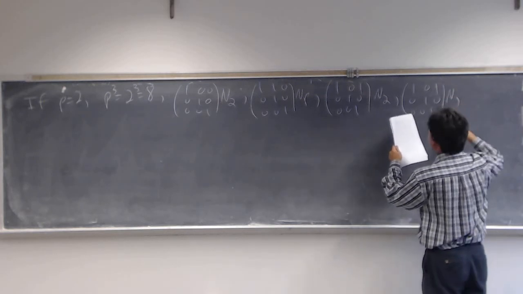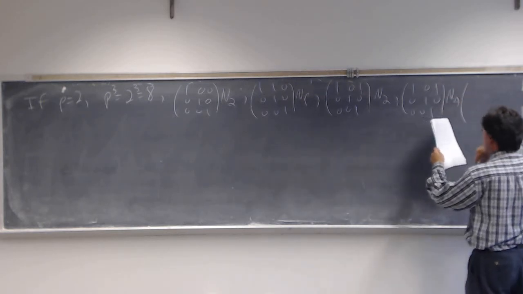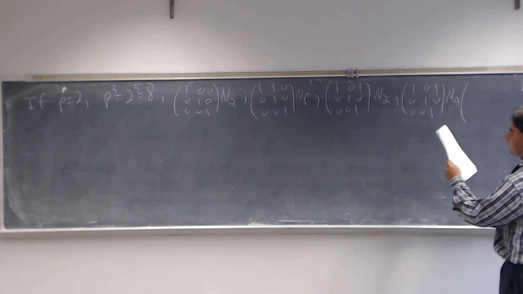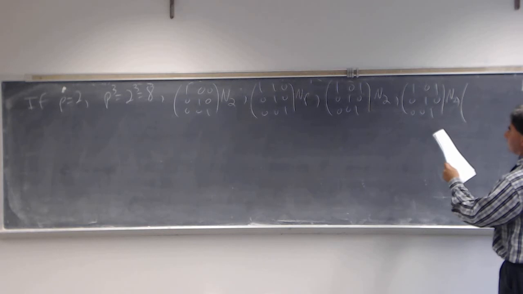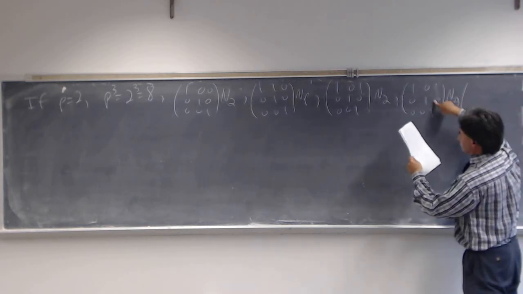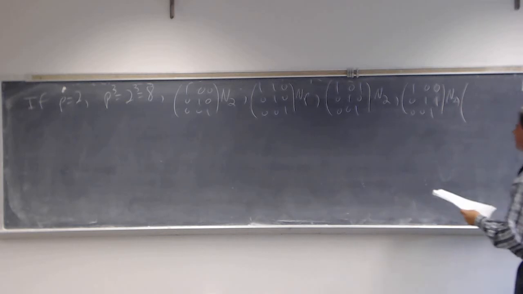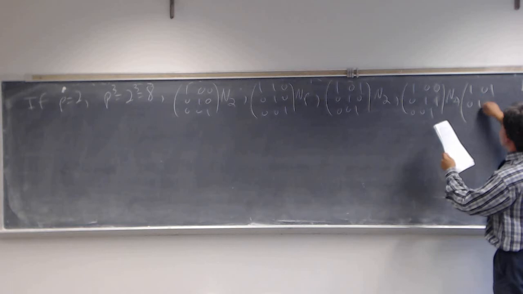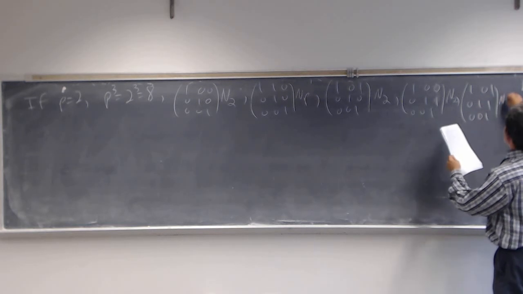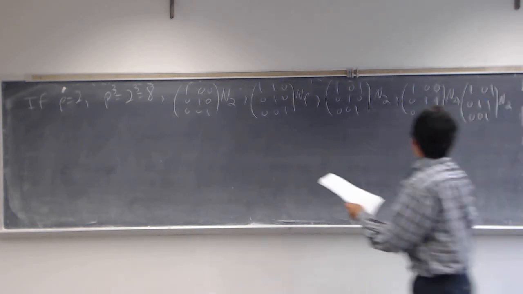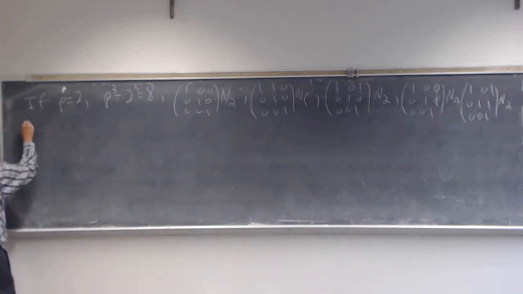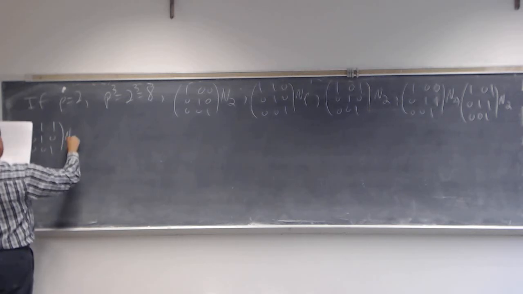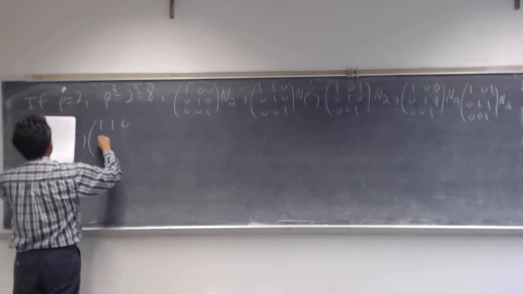Here's a fourth element of the group. How about a fifth element of the group? I got both of these right. Oh, that looks familiar. That's my fourth element of the group. My fifth element of the group would be that. Sixth element of the group would be this, and a seventh element of the group.